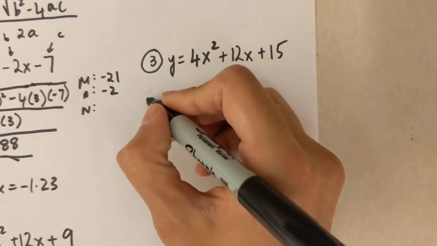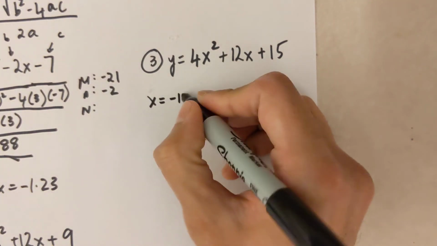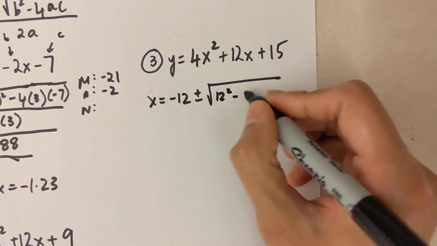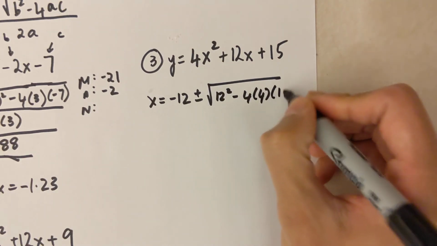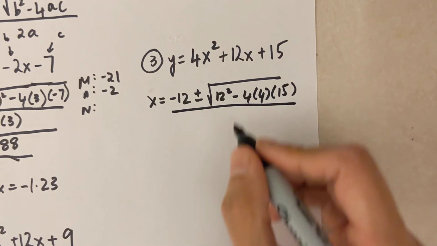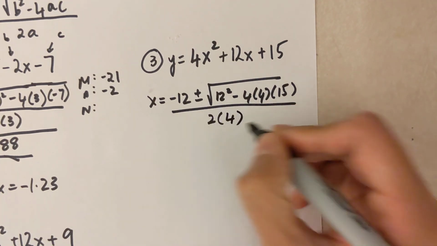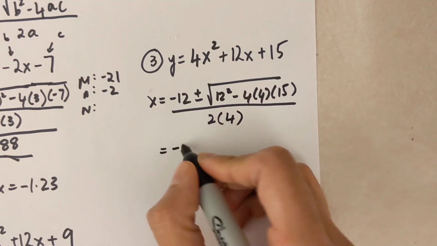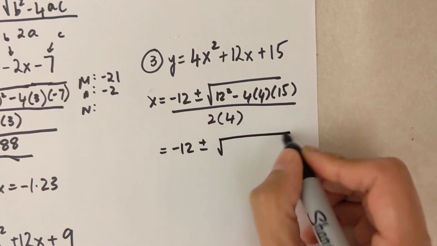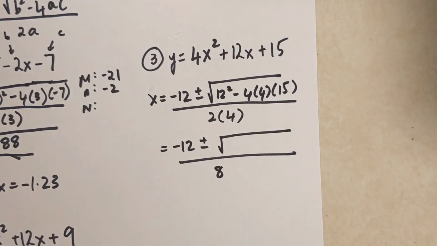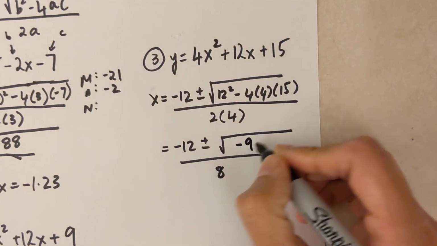Okay, and let's take a look at this last question. Again, I'm going to sub it into my equation. So x equals negative b plus or minus root of b square minus 4 times a times c over 2 times a, which is negative 12 plus or minus, put that in my calculator, 12 square minus 4 times 4 times 15 is negative 96.